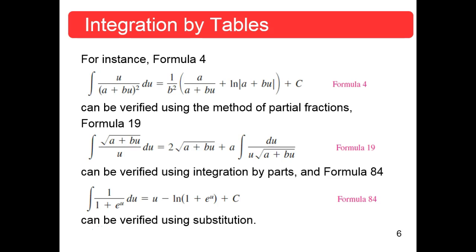And you could go back and do it. Formula 19, I'm sort of picking them at random. That's at the top of the next page. The integral of the square root of a plus bu over u du is 2 times the square root of a plus bu, plus a times the integral of du over u times the square root of a plus bu. Okay? Well, guess what? That still has an integral in it.